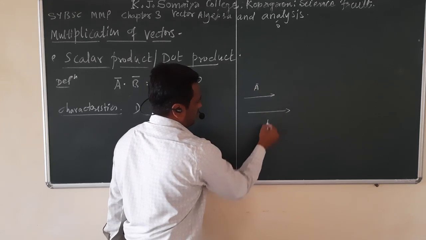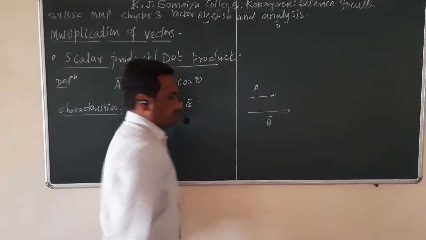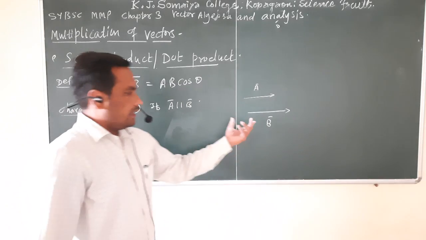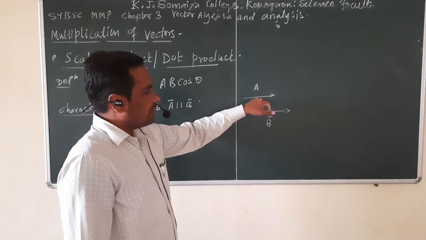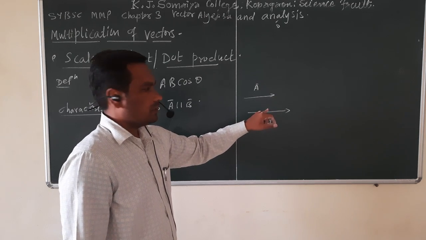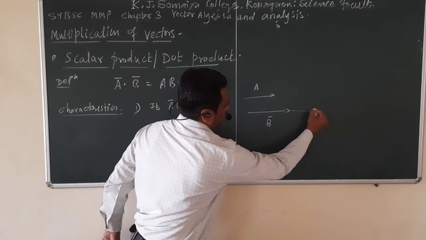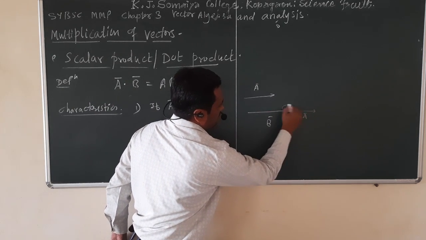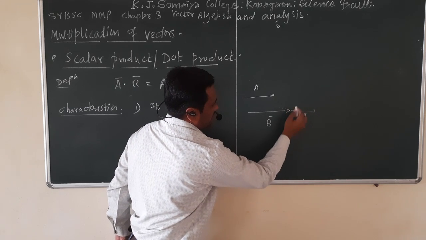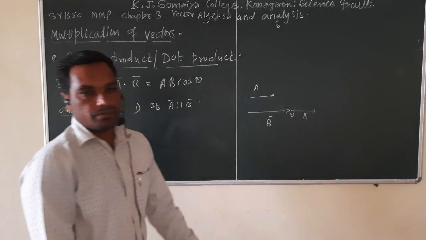Suppose this is vector A and this is vector B. These are two like vectors. In that case, the angle between vector A and vector B is 0 degrees. Why? You can put vector A like this, and you know that they are directed in the same direction. That's why their angle is 0.